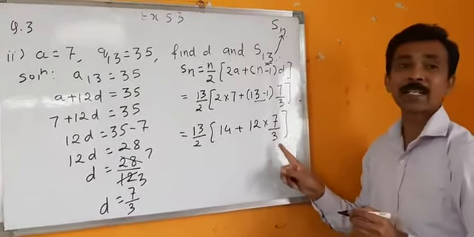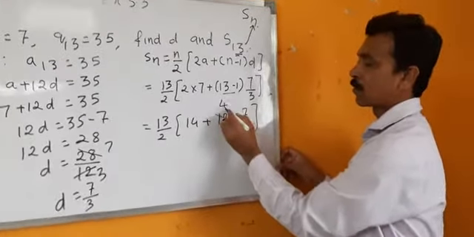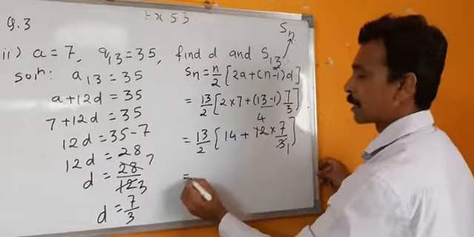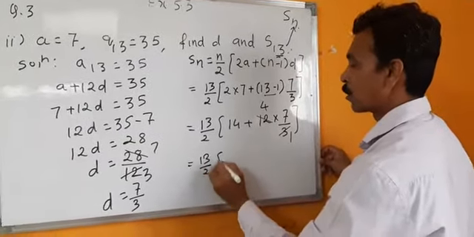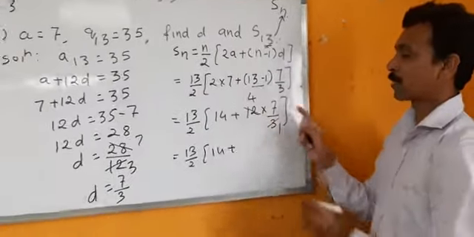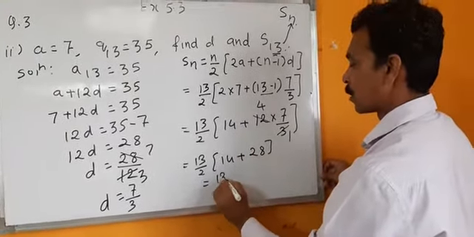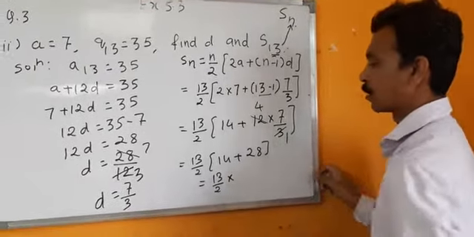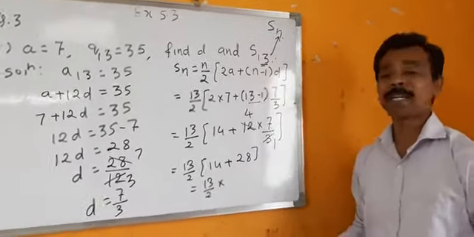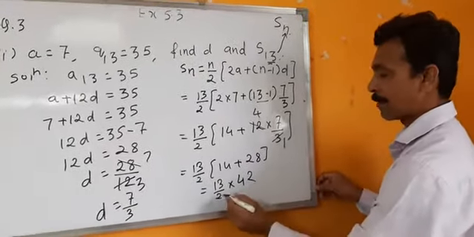Can we divide 12 and 3? Yes. 3 1s are 3, 3 4s are 12. So it is equal to 13 upon 2 into 14 plus 4 7s are 28, which is equal to 13 upon 2 into 28 plus 14, which is 42. Can we reduce?